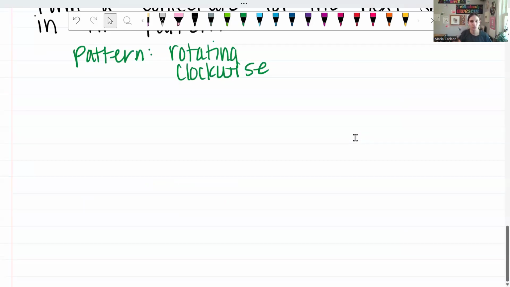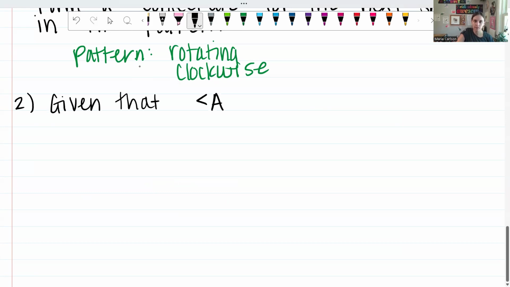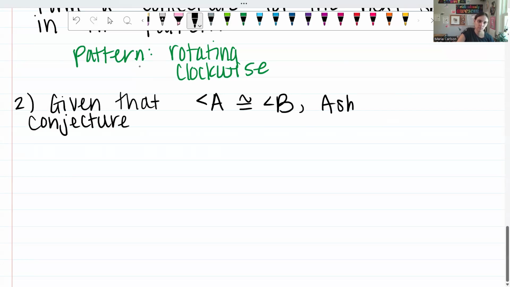Okay. Example 2. Given that angle A is congruent to angle B, Ash conjectured that angle A and angle B are acute angles.